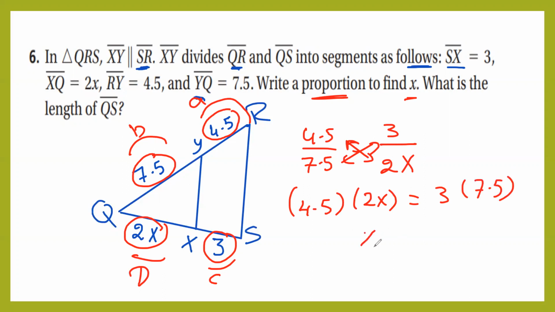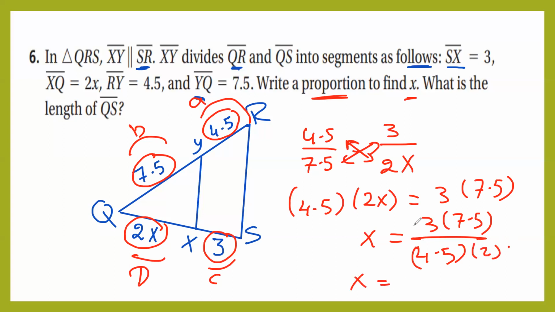Now I need X alone. So 3 times 7.5 divided by 4.5 times 2. Calculator. Yes, the final answer is 2.5.